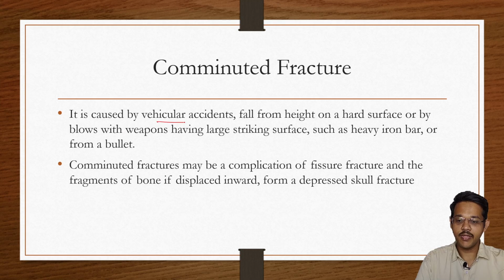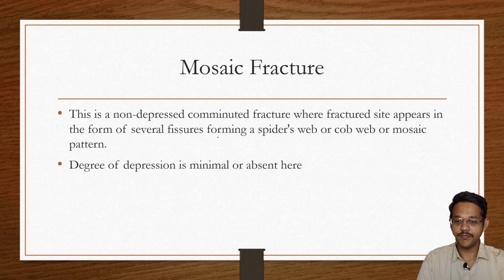It is caused by vehicular accidents, falls from height on hard surfaces, or blows with weapons having large striking surfaces, such as a heavy iron bar, or from a bullet. Comminuted fractures may be a complication of fissure fracture, and the fragments of bone sometimes may be displaced inwards, forming a depressed fracture.